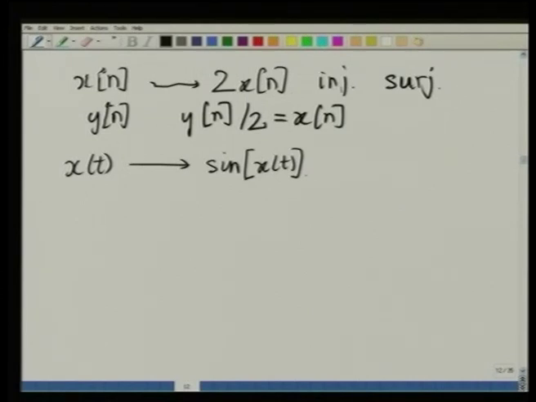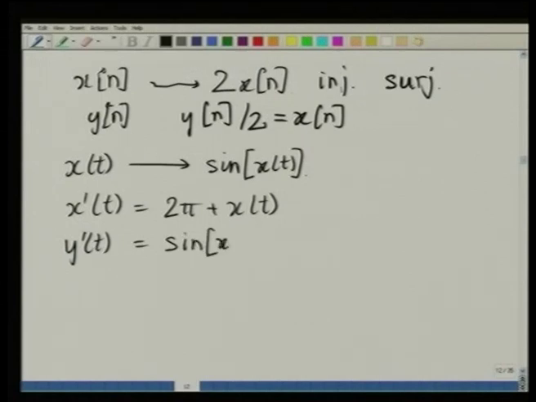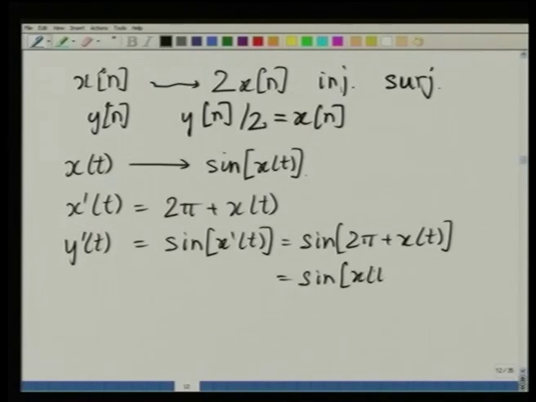This system is not injective, because if x2(t), or x'(t), is taken to be equal to 2π plus x(t), then the corresponding output y'(t) would be sin x'(t), which is sin(2π + x(t)), which we know is equal to sin x(t).